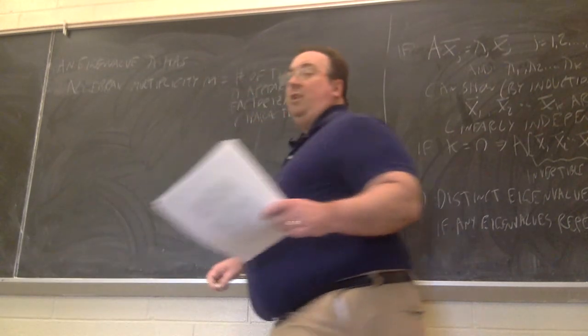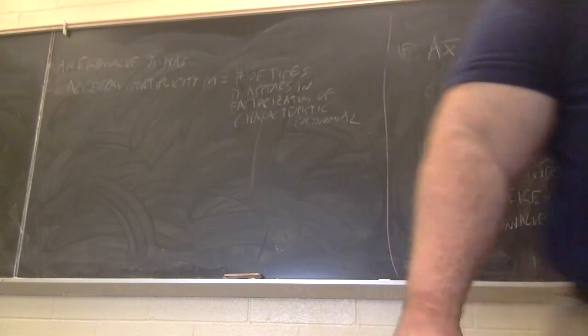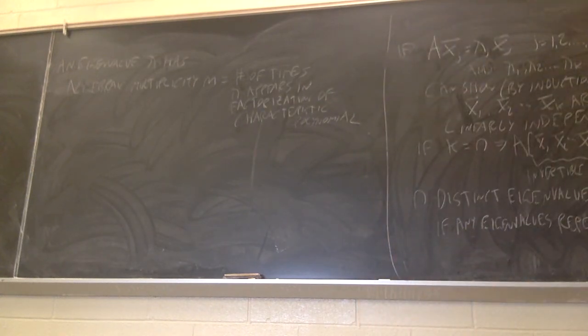So in other words, if I wrote out the characteristic polynomial in factored form, as a whole bunch of linear factors, some of which may repeat, like lambda minus 2, lambda minus 2, lambda minus 2, so lambda minus 2 cubed, then the algebraic multiplicity of the eigenvalue 2 would be equal to 3.